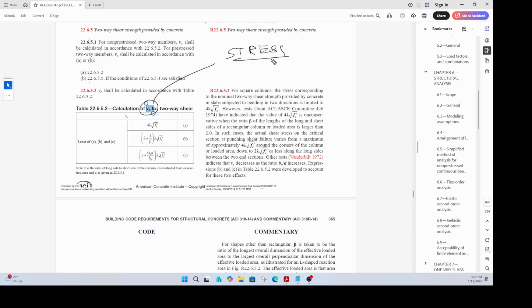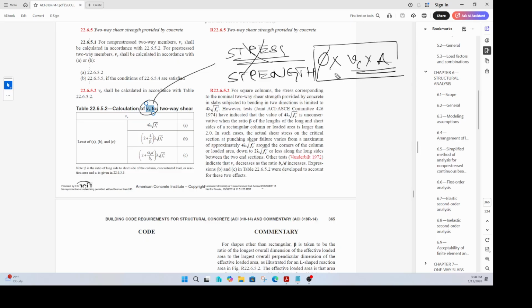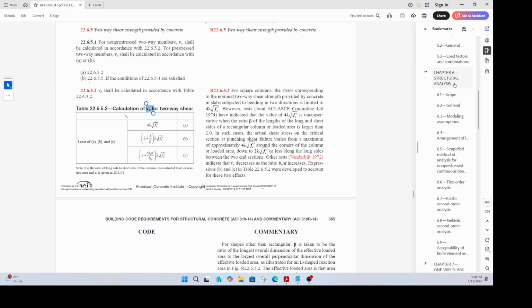So you compare the shear, this is the strength, not shear stress, this is the shear strength, right? So you take the shear strength, multiply it with your area that resists the shear, and multiply that with the phi factor. That means this is the nominal strength, this is the factored strength, and you would expect this to be greater than your factored shear. If that happens, then your design is good. If that doesn't happen, then you have to revise it.